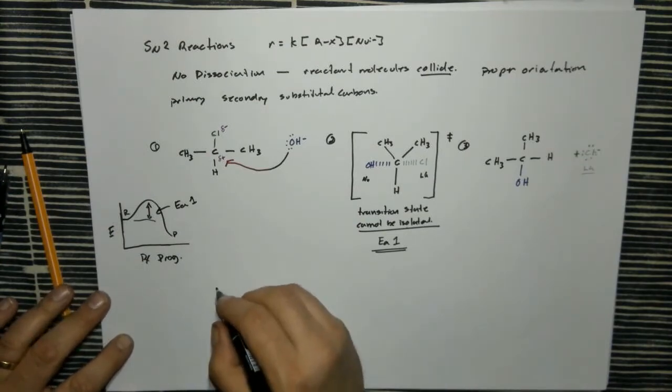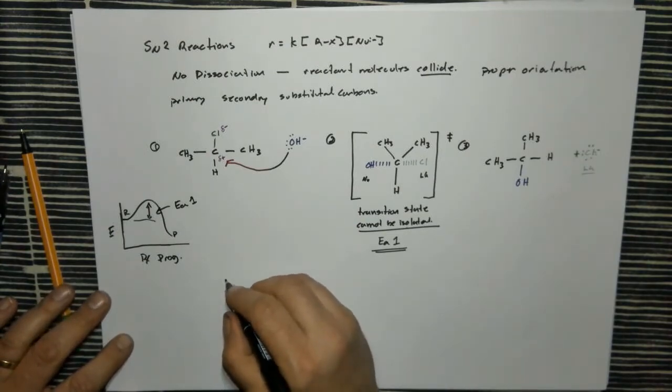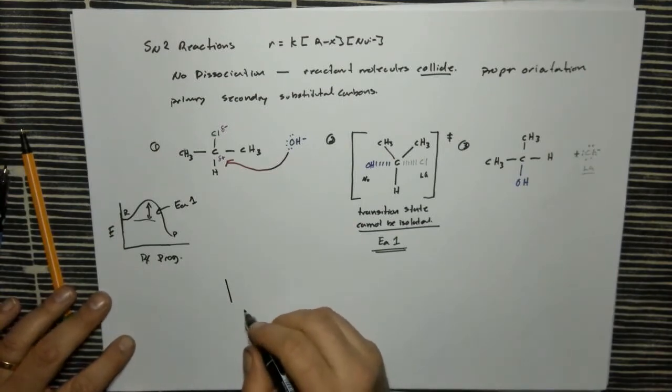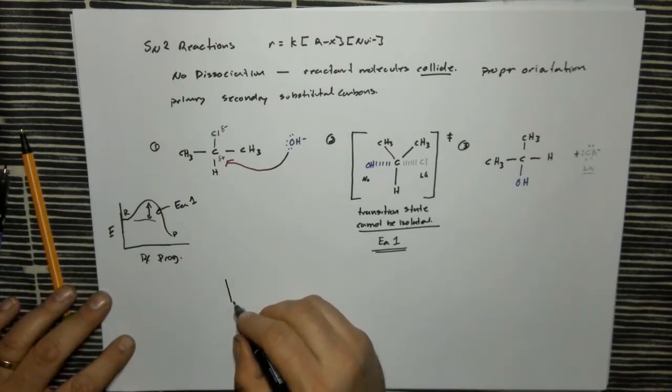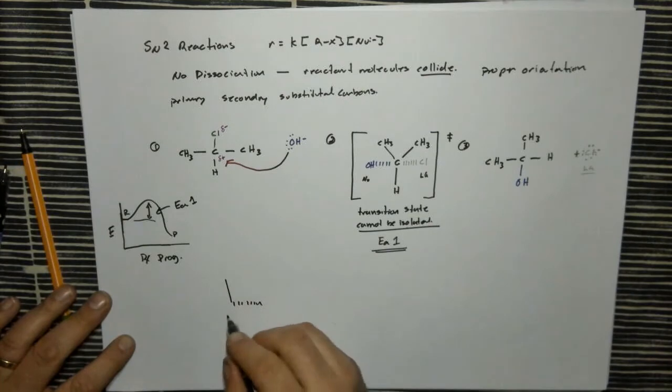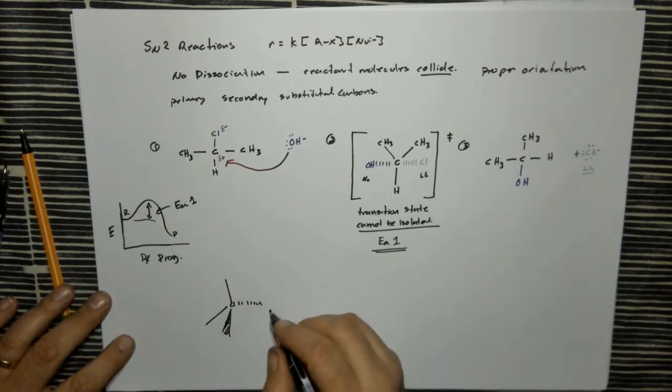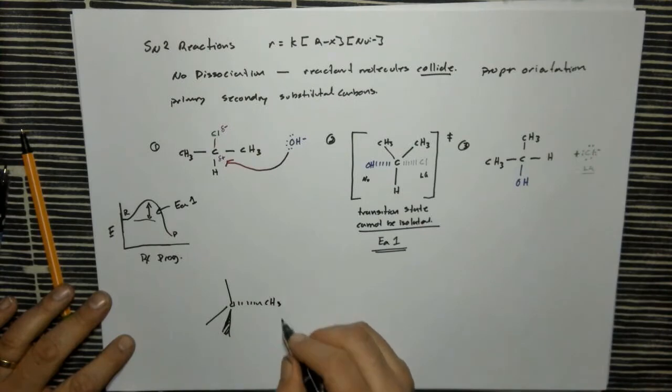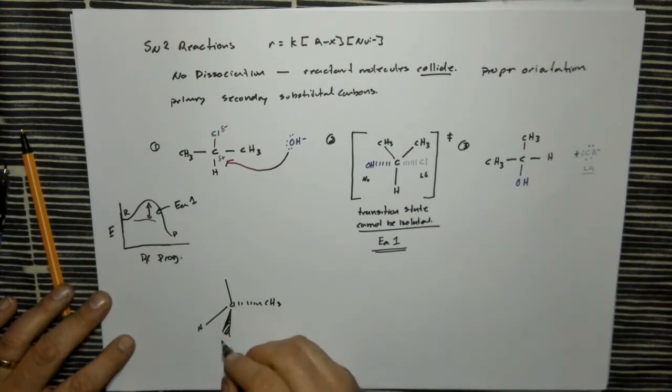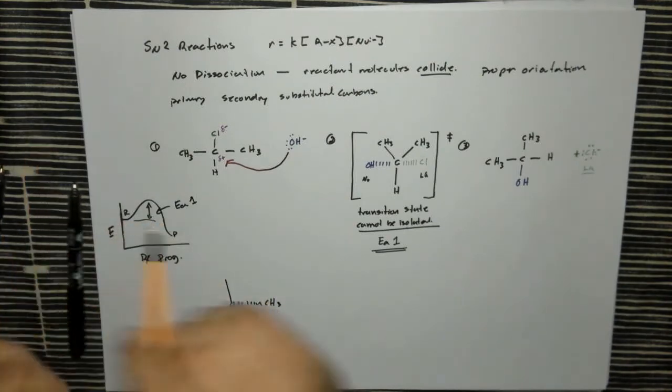So if we look briefly at how this molecule is actually constructed, we would know that the carbon has a tetrahedral geometry, and the methyl groups are coming off here. Maybe we have the hydrogen back there. It doesn't really matter where we put these things, except for where we put the chlorine.